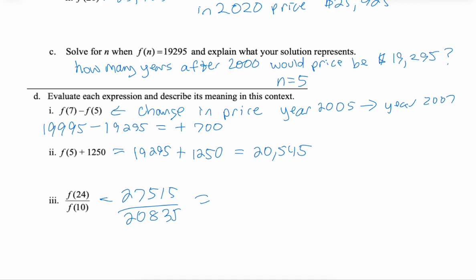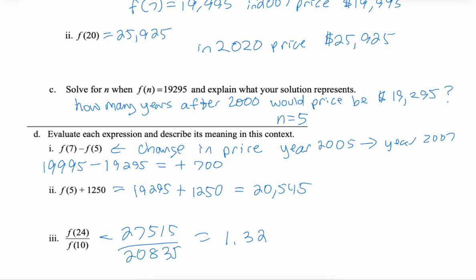So if you divide those, let's go two decimal places. So we would say that the price in 2024 is 1.32 times larger than the price in 2010. That division tells me how many times it goes into it, so how many times larger. So that's our 3-3 investigation.